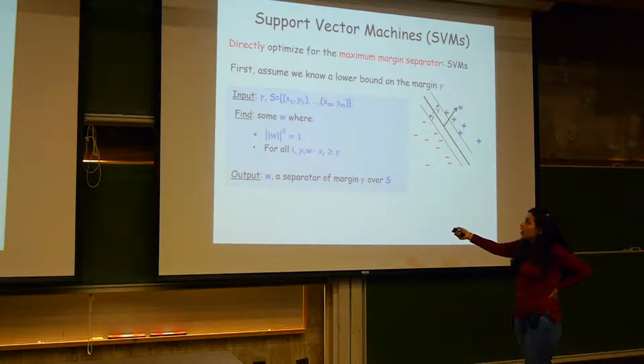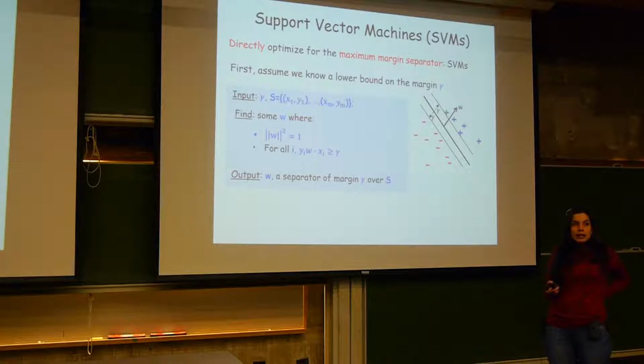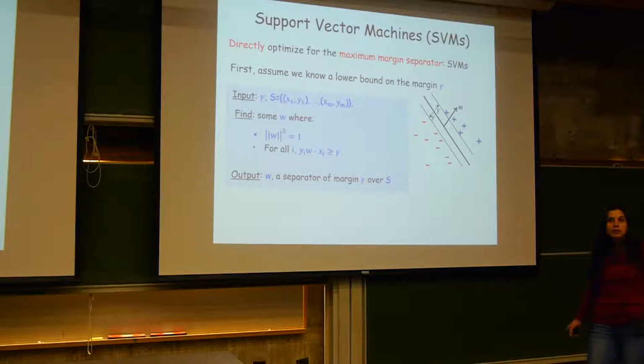And I can just write down an optimization problem: search for a classifier specified by normal vector W, assume that this classifier has unit length 1, and then write down the constraint that each single example in the training set is correctly classified and is correctly classified by the right margin, at least gamma. Okay, so is this clear?